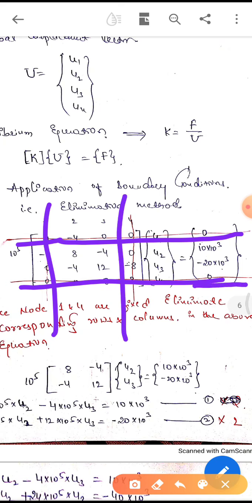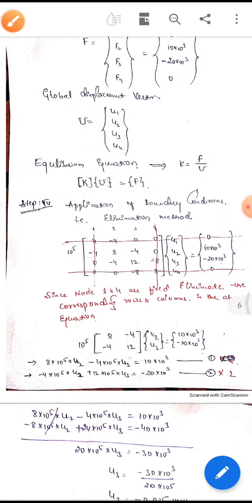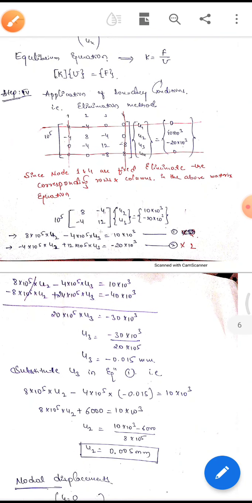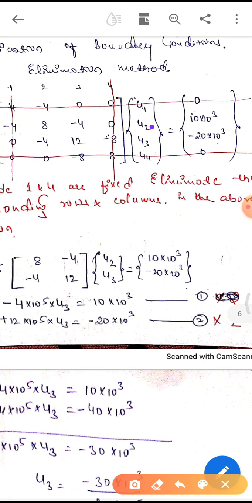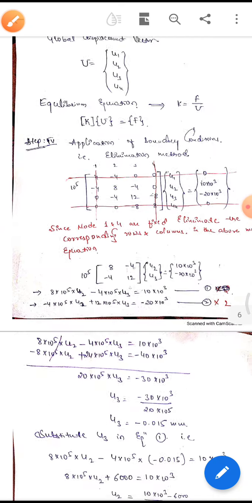Once we do that, we are left with only these things: 8 minus 4, minus 4 12, 10 raised to 5. Those things we have written here, and it is left with u2, u3, 10 into 10 raised to 3, minus 20 into 10 raised to 3. These things we have written here.